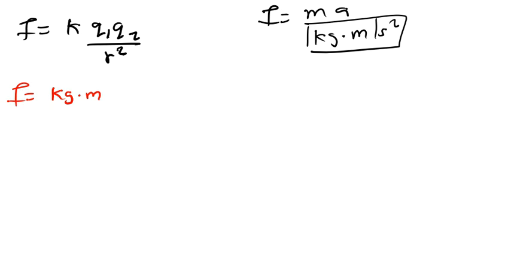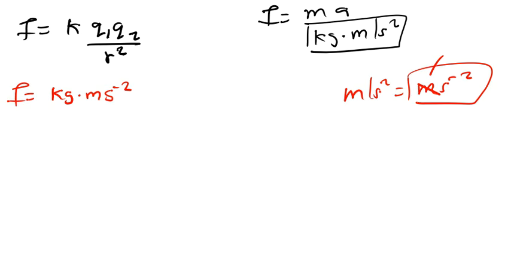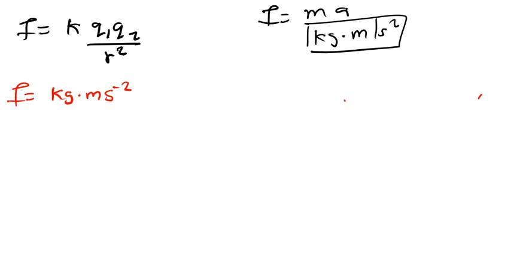Do you understand that per is the same as negative, right? It's the same as something on the denominator. Do you know that meters per second squared is the same as meters second negative 2? Yes. So that's the basic idea.